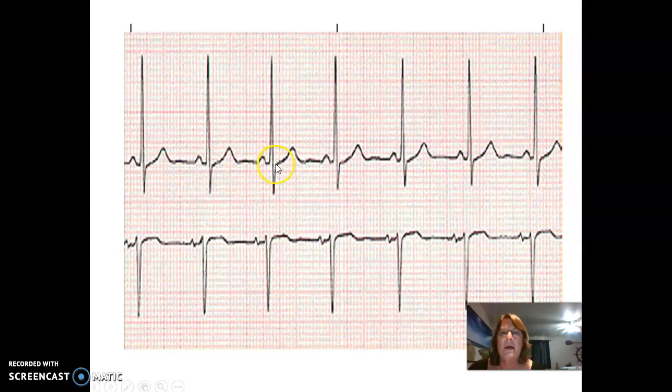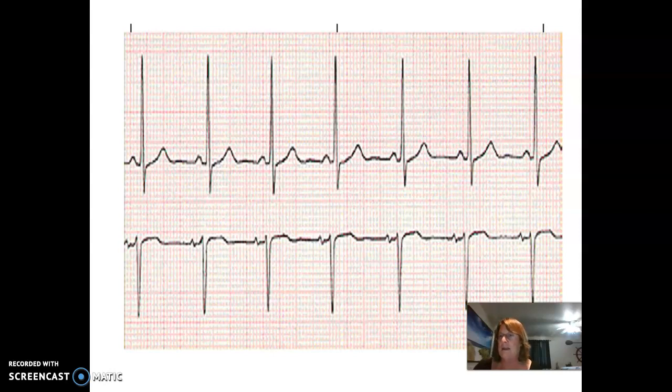QRS looks like about 2 boxes at most. I can't tell if it's 1.5 or 2, so 0.08. And my QT interval looks like 1, 2, 3, 4, 5, 6, 7, 8, almost 9 boxes, so 0.36. So again, sinus rhythm at 70.